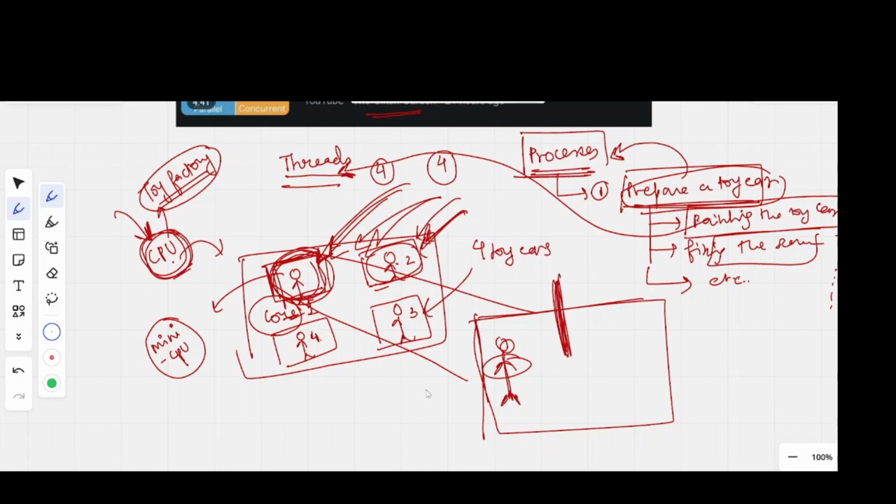So let's say this is my thread 1, this is my thread 2, and the process is to prepare the toy car, right? Now I told you that these processes can happen parallelly, but these threads can only be executed concurrently.